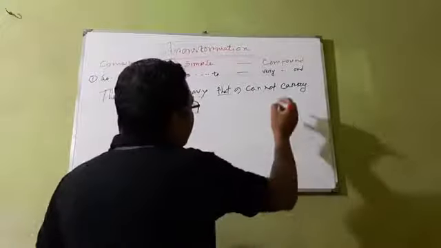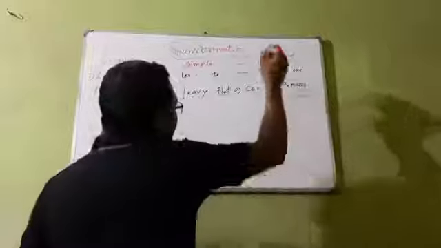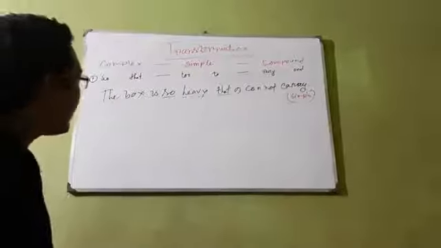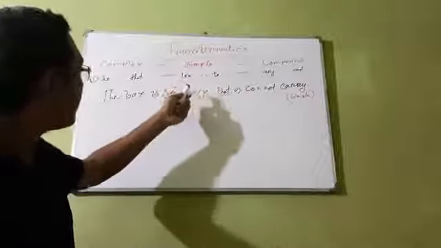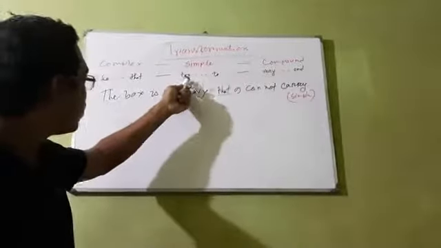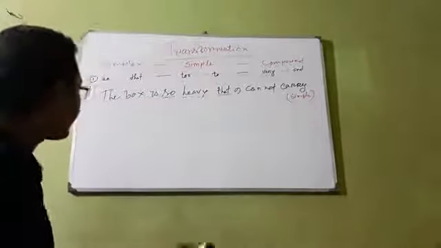Now suppose you are told to make it simple. You are told to turn it into simple. Then we have to recall that if we want to make this sentence simple, we have to use "too" in the place of "so", and we have to use "to" in the place of "that". Clear? Now write it down.